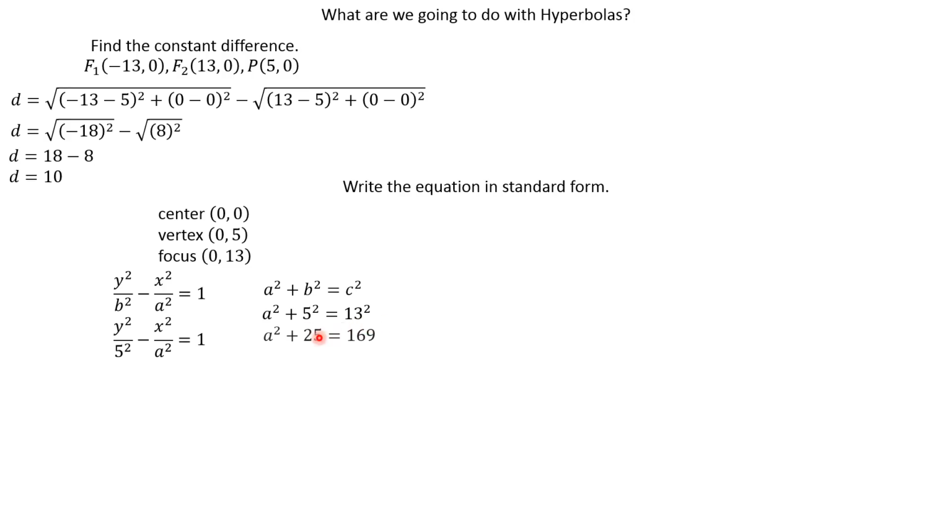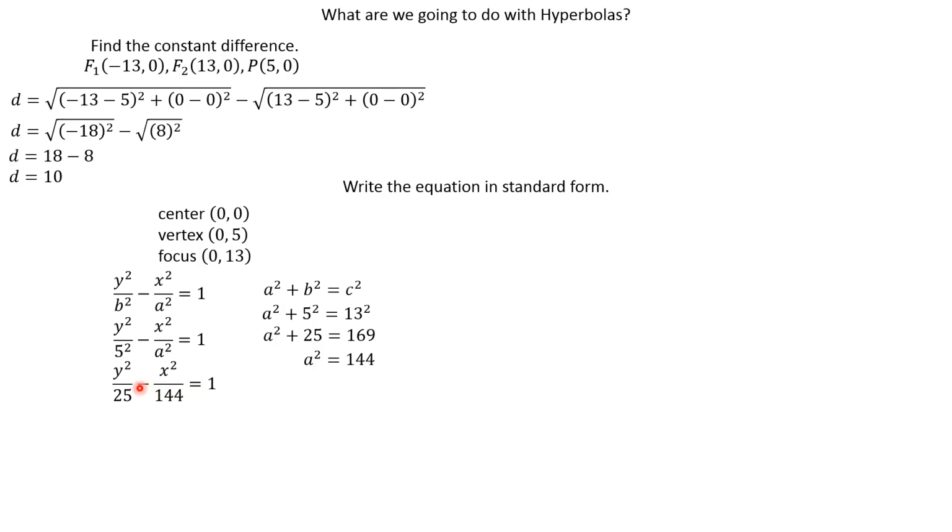We can square both these numbers to get 25 and 169. Subtract 25. a squared equals 144, which means a equals 12, but we just need a squared anyway. So we can plug the 144 into there. 5 squared is 25. And there's our equation in standard form.